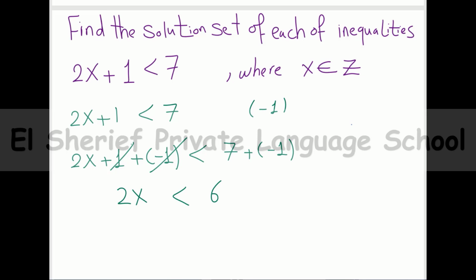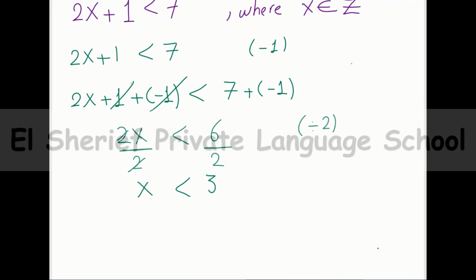2x less than 6. To get rid of the 2, I divide both sides by 2. Cancel 2 with 2, so I have x less than 6 over 2, meaning 6 divided by 2 equals 3. So x less than 3.